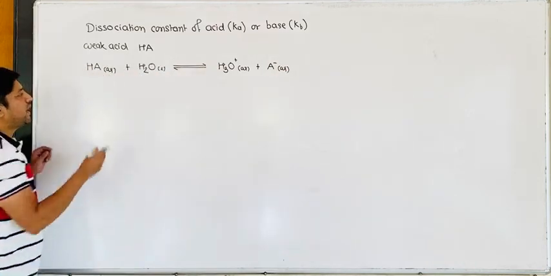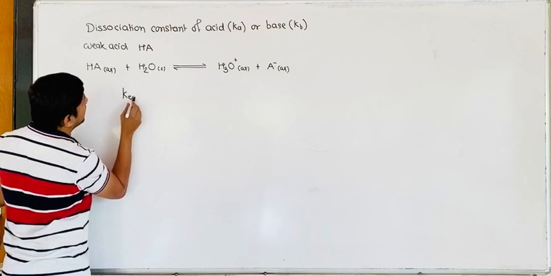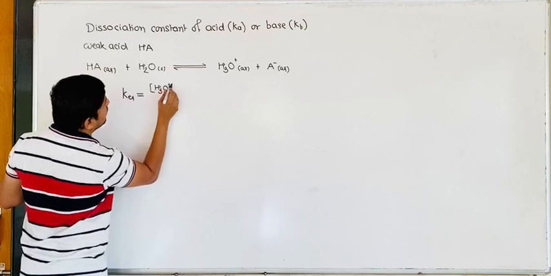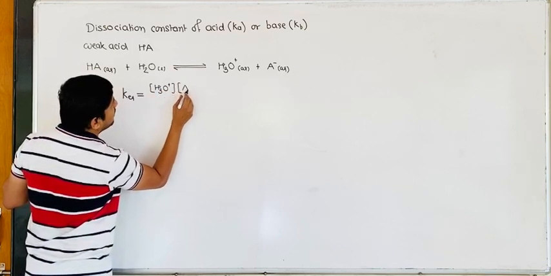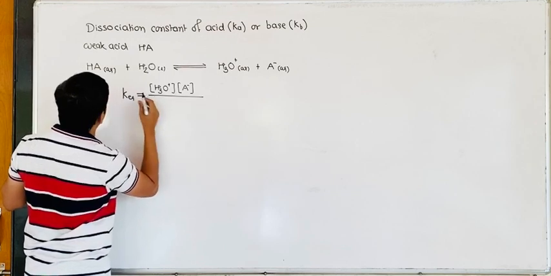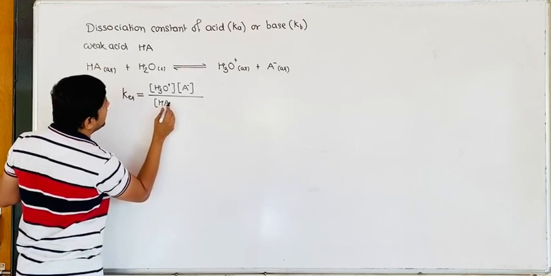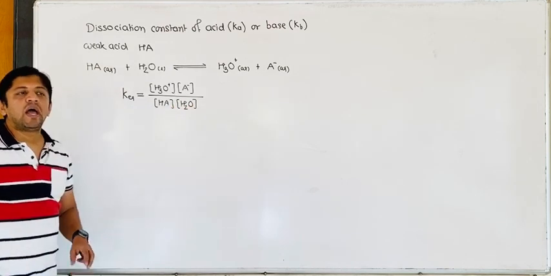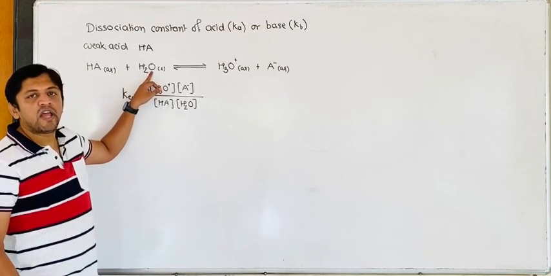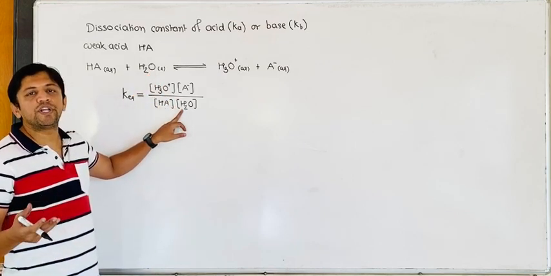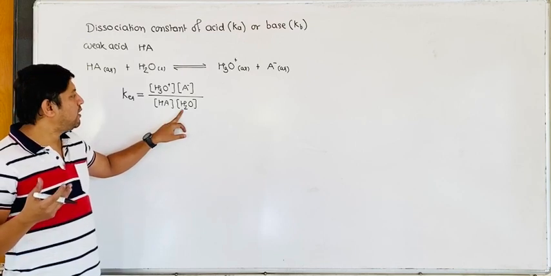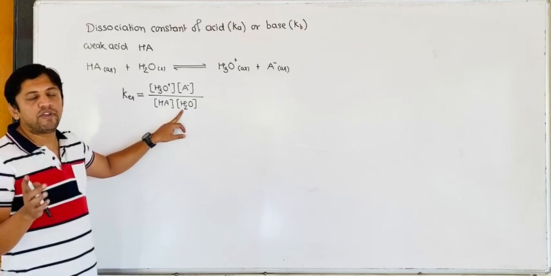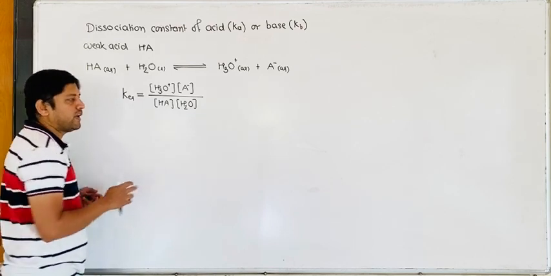Now for this reaction, equilibrium constant K equilibrium is written as concentrations of products, concentration of H3O+ at equilibrium, concentration of A minus at equilibrium, divided by concentration of acid HA into concentration of pure liquid H2O. As H2O is present in excess and it is pure liquid, its concentration will remain constant, and we have already seen that concentrations of pure solids and pure liquids are considered as unity because these are constant.